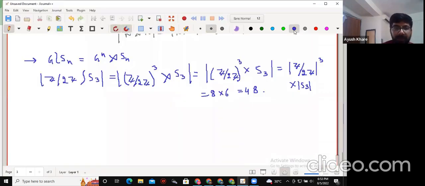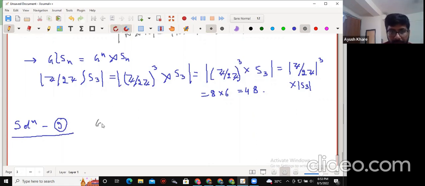Okay, so I am just giving you the meaning of these notations, and then you can try it on your own. Solution number 9. First of all, it should be clear what is G semi-direct product of Z raised to n.